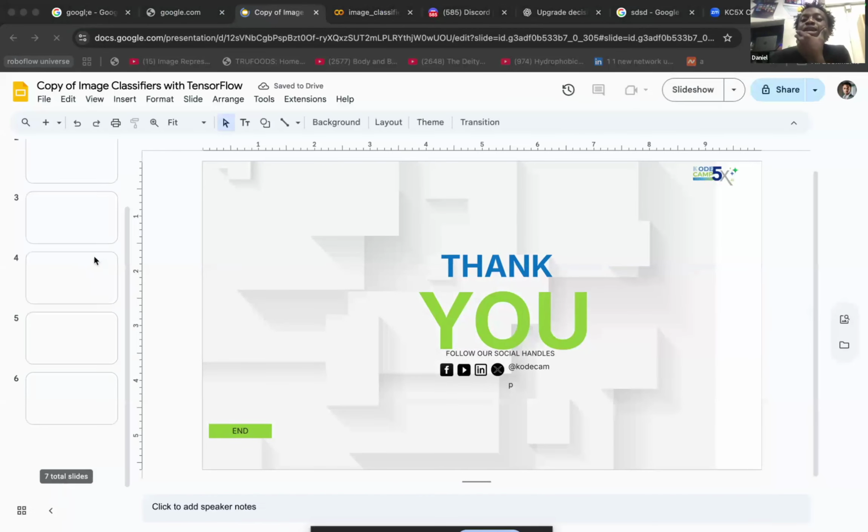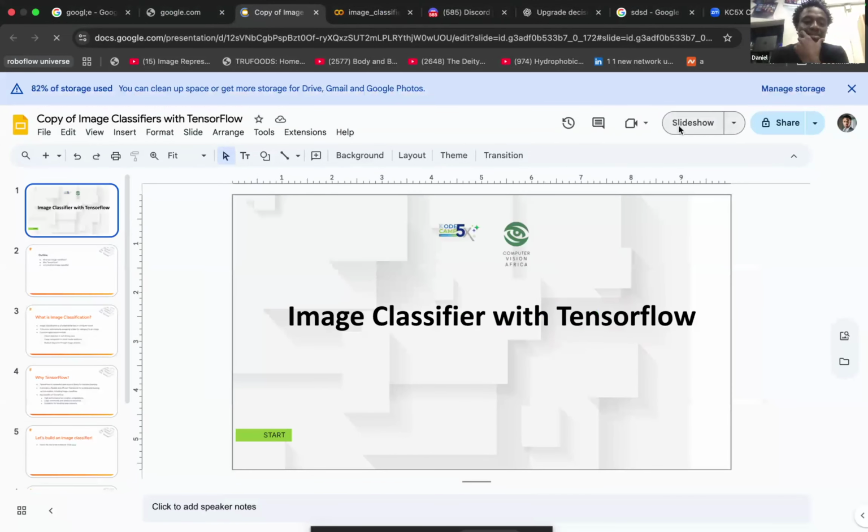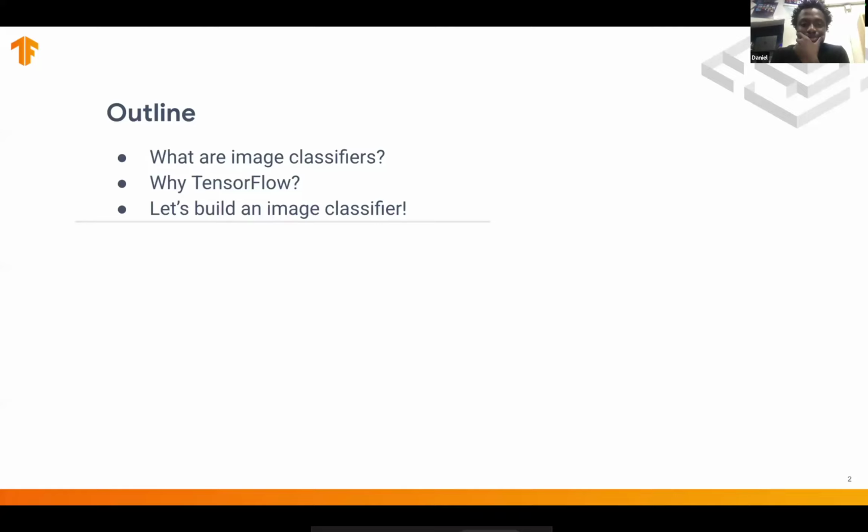So we are working on an image classifier today. Basically, we'll be classifying images with TensorFlow. So what are image classifiers? I think last week I told you guys about image classifiers and the difference between object detection.